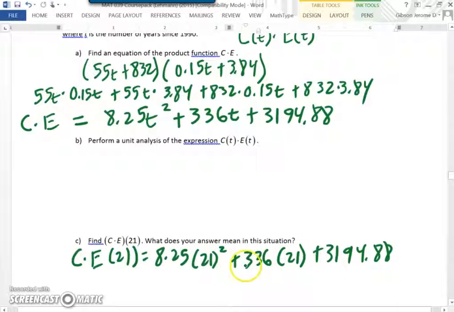Now, when you put this in your calculator, we have C times E of 21. That would end up giving us 13,889 and 13 cents, 0.13.